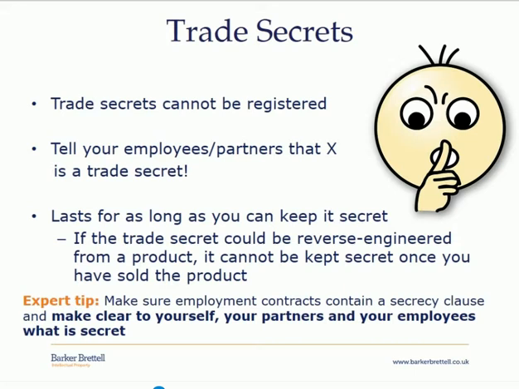So it's worth getting proper protection through other types of IP if you can as well as trade secrets. But obviously then you lose your secret because, as Katie will come on to later, your patent will be published.